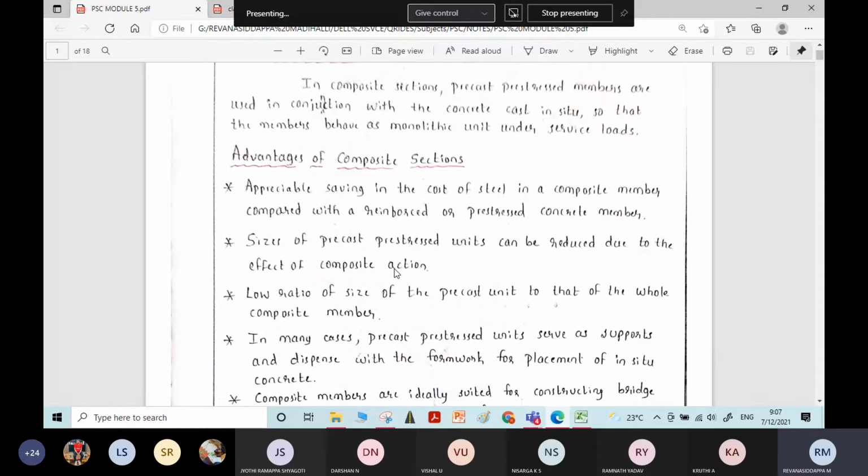When we compare composite sections to fully pre-stressed concrete sections or fully RCC construction, there will be an appreciable saving in the cost.